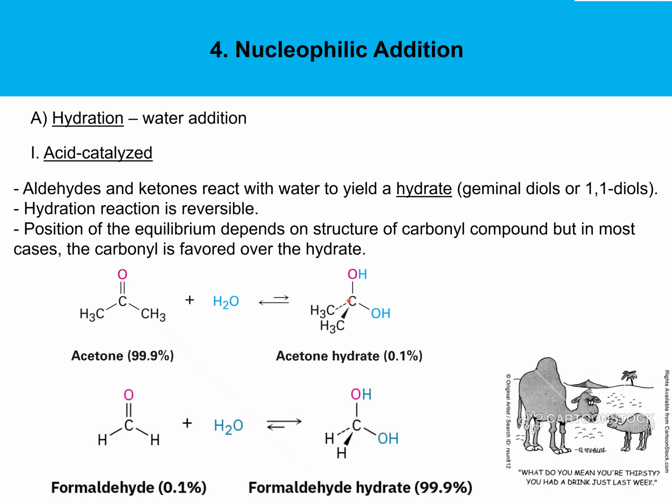This reaction is reversible, meaning if we start with the hydrate, we can go back to acetone and water. Where this equilibrium lies depends on the carbonyl we're using, but in most cases, usually the carbonyl will be favored over the hydrate. One exception to that is formaldehyde. With formaldehyde, the equilibrium is favored towards the hydrate.